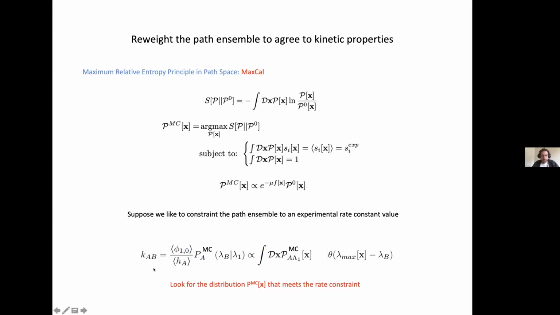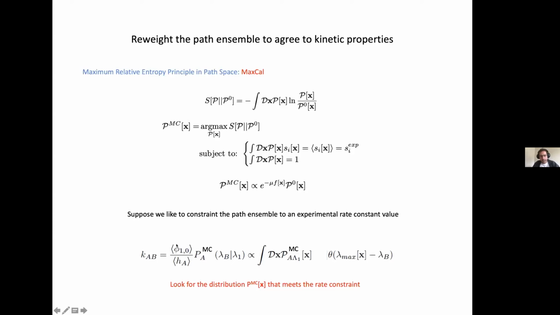To do that, we need to have a forward model. This means that if you want to restrain to a rate constant, kAB, you need to express the rate constant as a function of the path ensemble. This is how we do it.